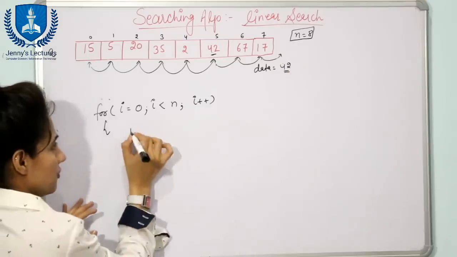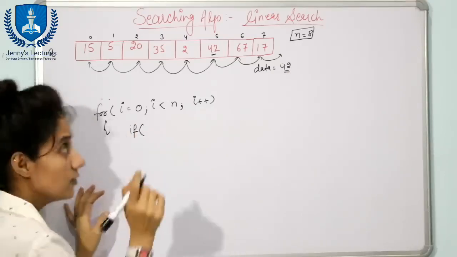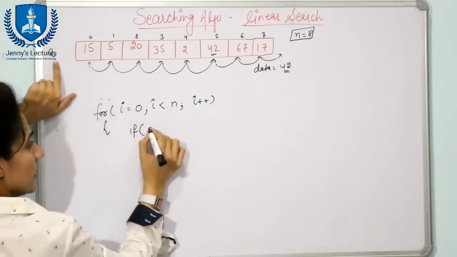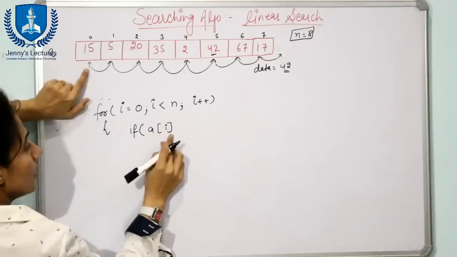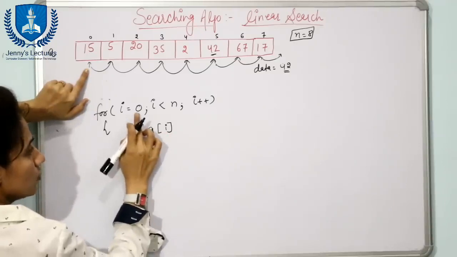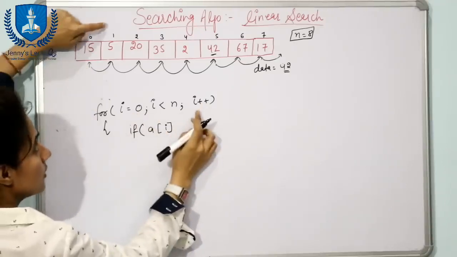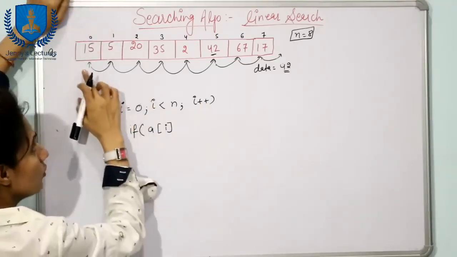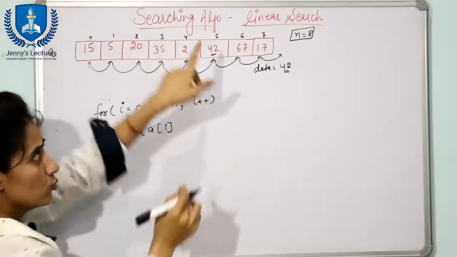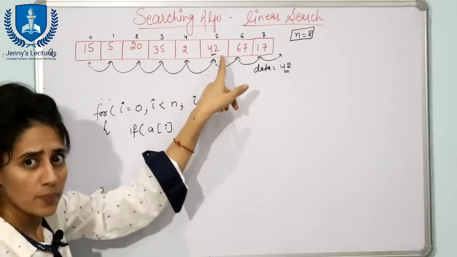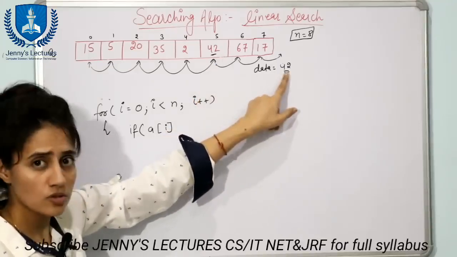Now you will check if the name of the array is A, if A[i]. The value of i would be first 0, then 1, then 2, like this we are going to search. We are going to access each element of the array one by one and compare whether it is the data we want to search, right?